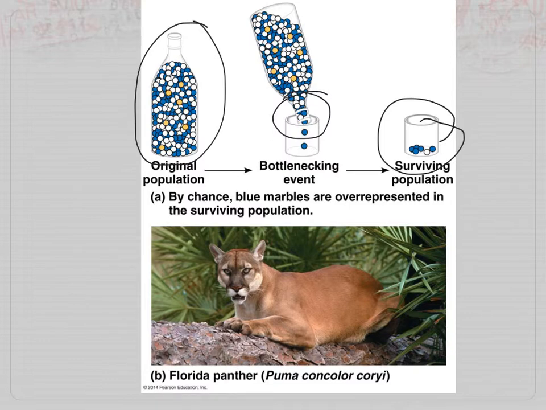So the blue alleles are overrepresented, yellow is underrepresented, and white is completely gone. This happens with the Florida panther. We have eliminated a lot of their species, and their genetic pool has shrunk, and some genes are overrepresented and some are underrepresented.